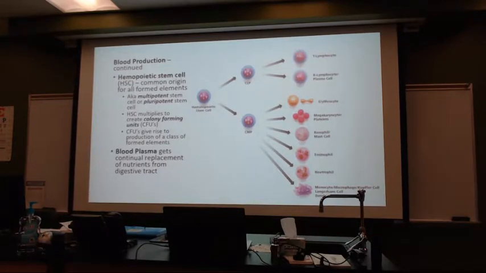Children need the constant production of the red blood cells because they are growing. We are dependent for the children to be able to get that oxygen and those nutrients as much as possible because their cells, all of them, of the body, are growing.